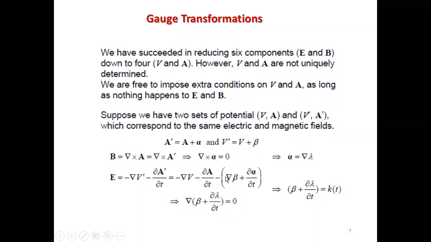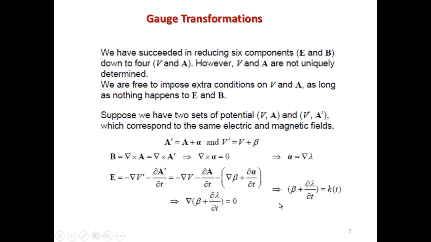That is, if this is 0, you can again write this down, substituting the value of alpha equals grad lambda, and taking grad common. So the gradient of this quantity is 0, that is, this quantity is a constant. So beta plus dou lambda over dou t equals a constant, suppose kt.